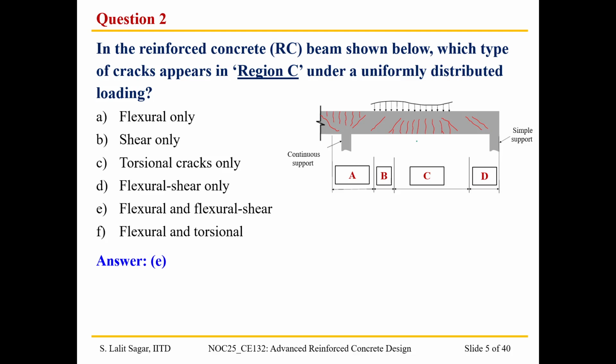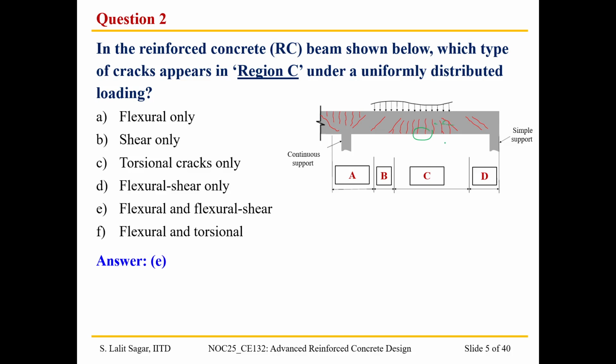Basically, these vertical cracks that we can see are the flexural cracks. On the other hand, the cracks which are initially formed as flexural cracks tend to form a diagonal crack.